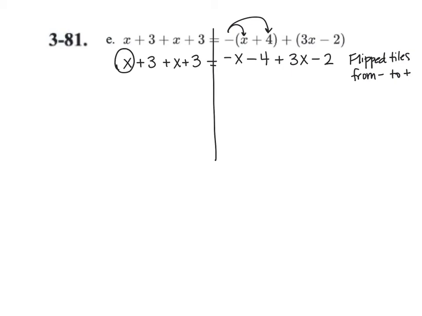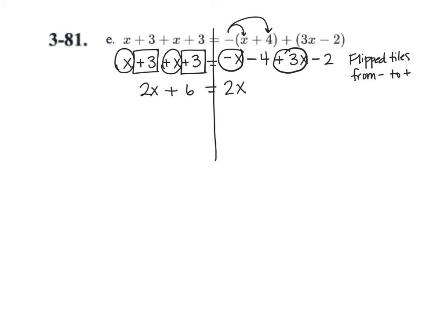On the left side, I see I have 1x here and 1x here to give me 2x. And I have +3 and +3 is +6. On the right-hand side, I see here that I have a -x tile and 3 +x tiles. So I can combine those, remove my 0 pair that I have with the 1 negative and the 1 positive, and -1 plus 3 would leave me with 2x tiles.